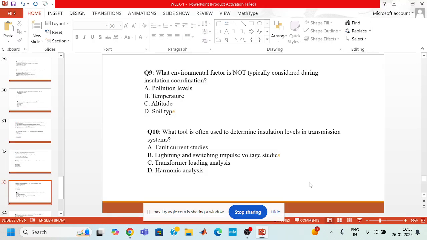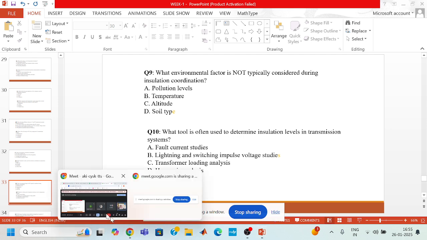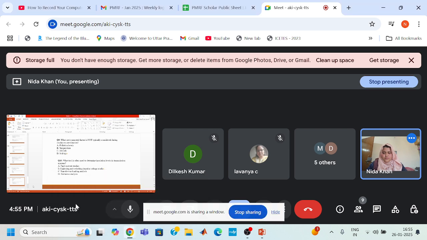Okay, what tool is often used to determine insulation levels in transmission systems? A is fault current studies, B is lightning and switching impulse voltage studies, C is transformer loading analysis, D is harmonic analysis.